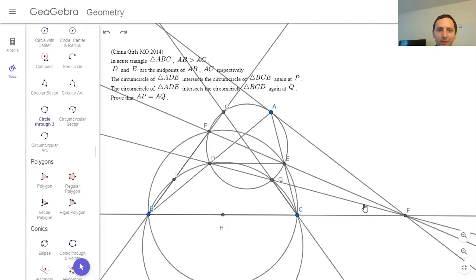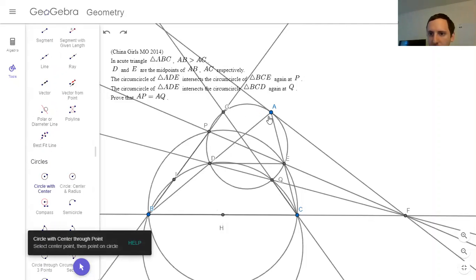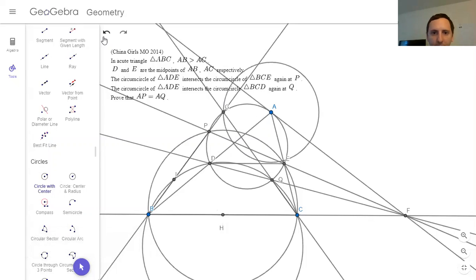I just want to see if there's a simple solution to this, because I feel like there has to be. If we can show GBC is isosceles, that solves the problem. Let me think quickly if there's a way to do that.